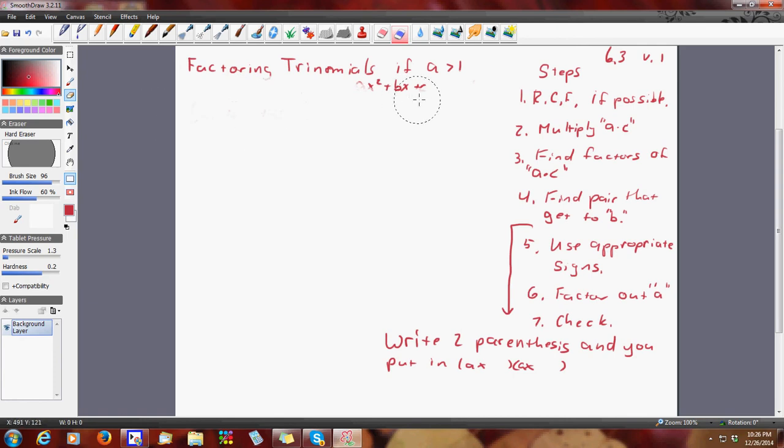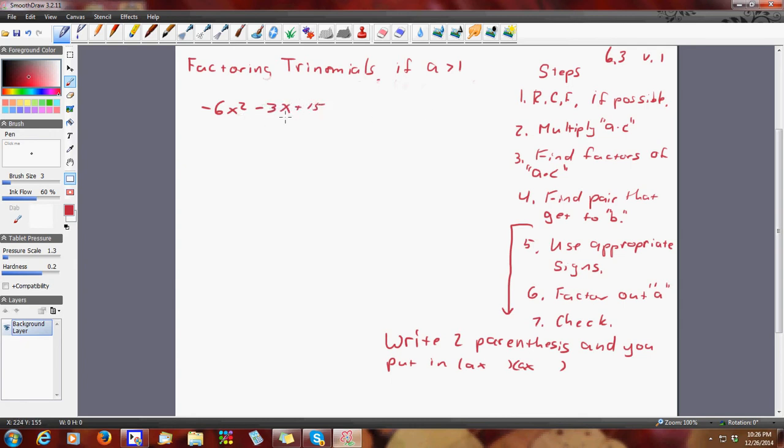And let's see, I'm going to just grab an example and hope it's a nice one. Let's try one where things are... oh, here's a good one. Negative 6x squared minus 3x plus 15.